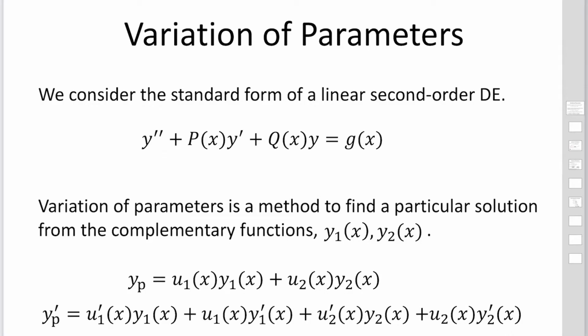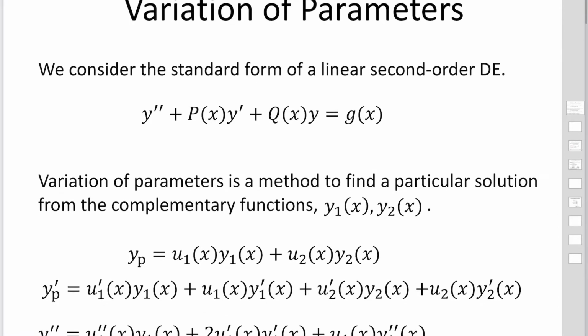But in this case, sometimes we might have a problem finding the trial function for the particular solution. So variation of parameters is a more standard method to find the particular solution. I'd like to show you the variation of parameters method to find the particular solution.